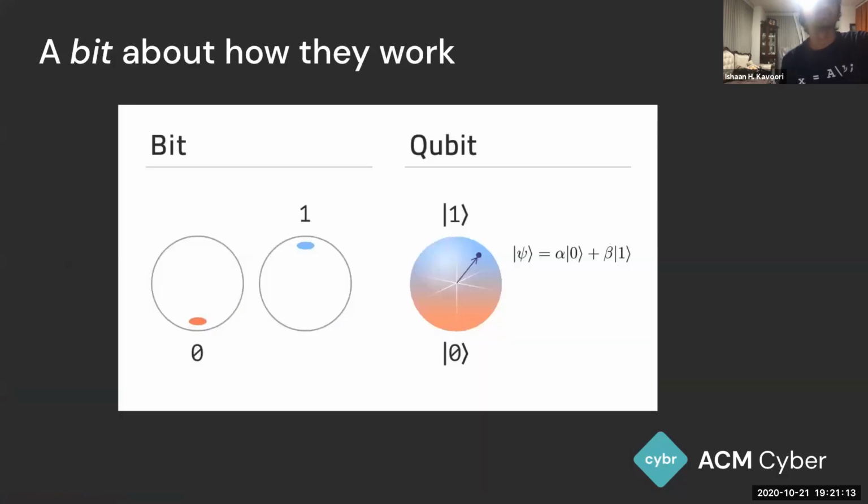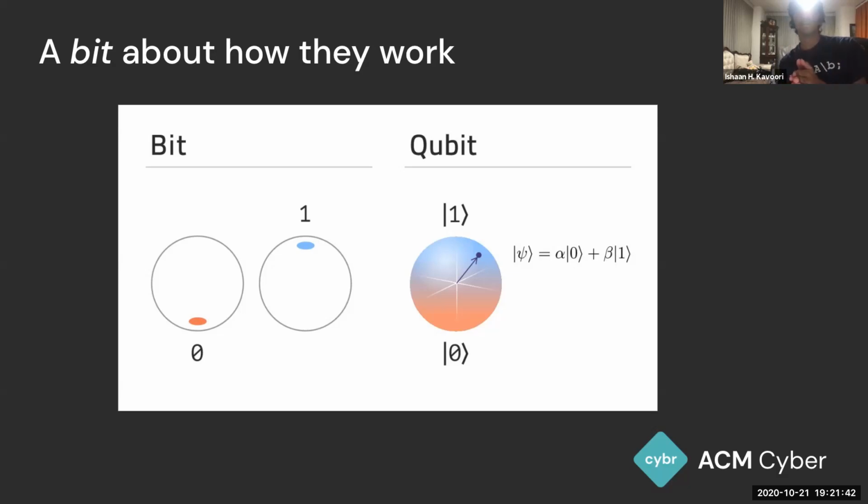Without going too much into detail about how these work, basically a quantum, by the way, this is a pun, a bit about how they work. Ha, ha, ha. A classical computer stores bits as either a 0 or a 1, right? And if you read a bit and you get a 1, it means that that bit was stored as 1, and it was a 1 before you even looked at it.